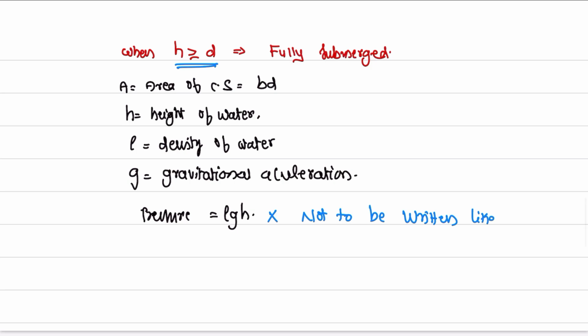When the hydrostatic pressure is not rho GH, with what calculations do we have to find out the hydrostatic pressure and its force, the resultant hydrostatic force acting?